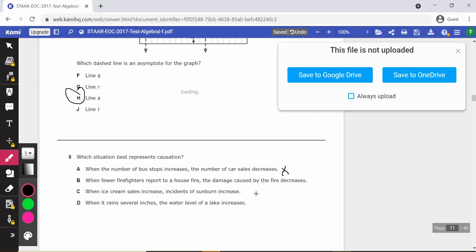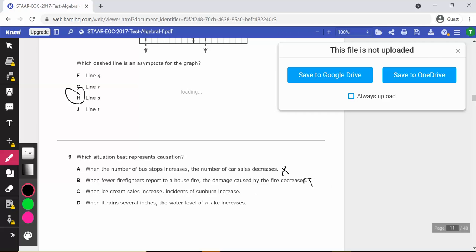If fewer firefighters come when your house is on fire, does the damage decrease? Not really. It would most likely increase because there are no firefighters there, so B doesn't make sense.